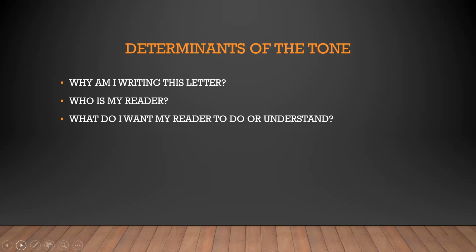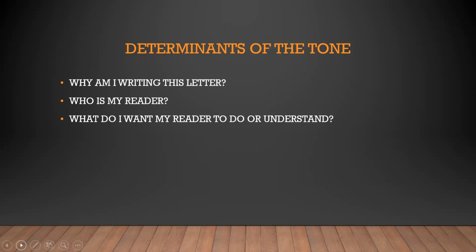Then, of course, the audience. So who is going to read my letter? What is the designation, the profession, the age group, the educational background of the person reading the letter? And then finally, what is my aim in sending this letter? What do I want the reader to do?